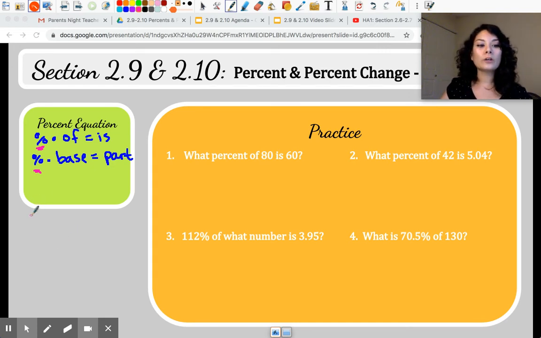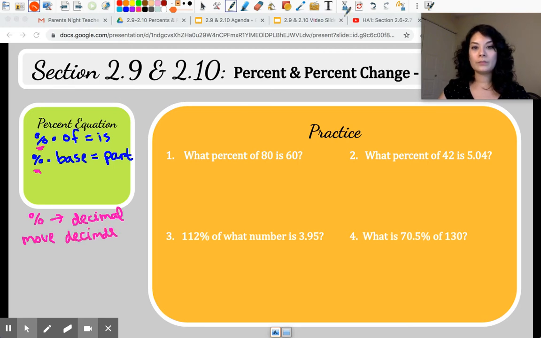So to go from a percent to a decimal, you're going to move the decimal places 2 places to the left. Okay, so move decimal to the left 2 places.